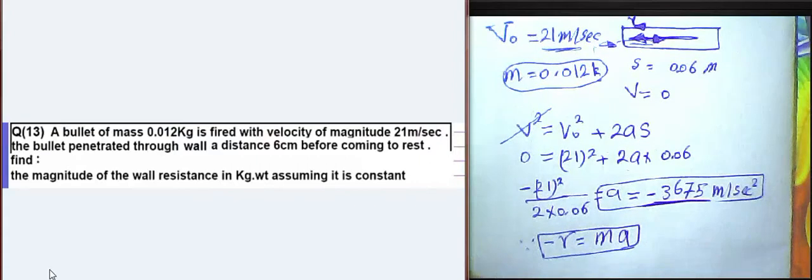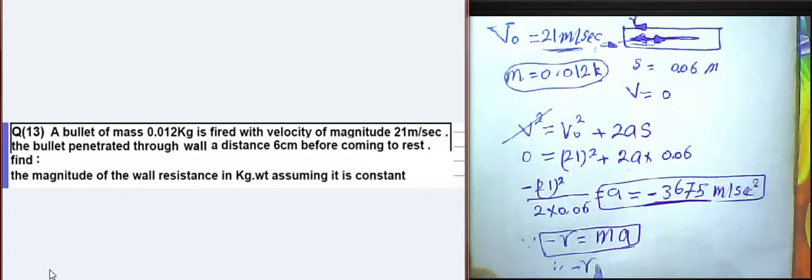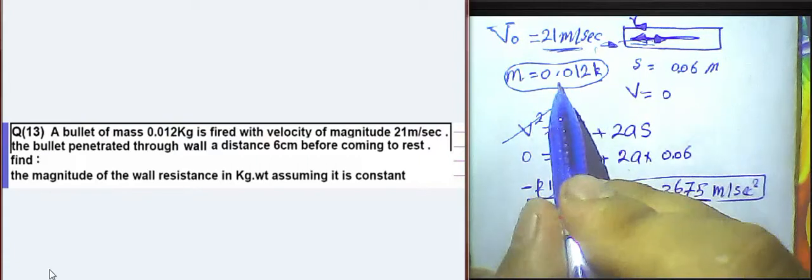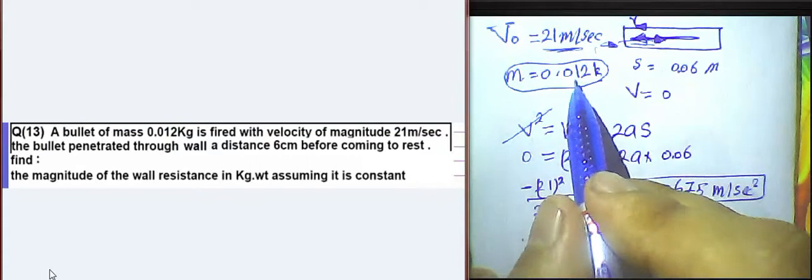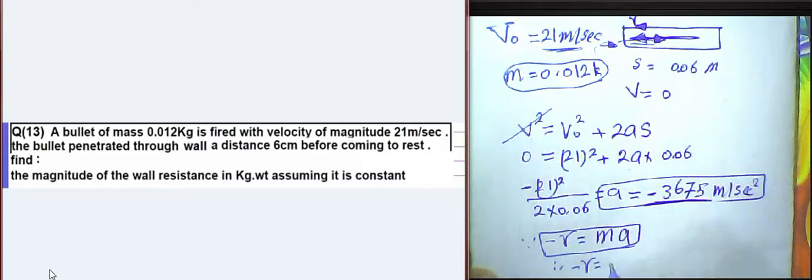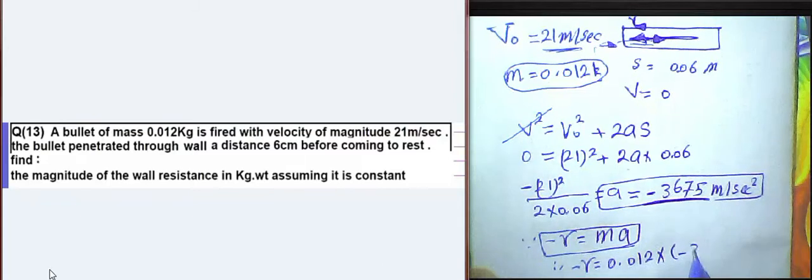And then we can complete this example by finding r, and we have the weight here. Then negative r equals the mass 0.012 multiplied by the acceleration, which was negative 3675.